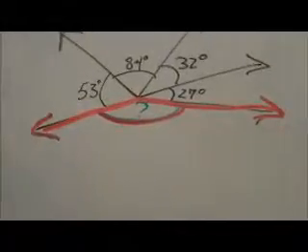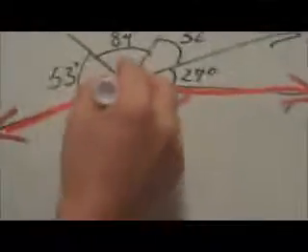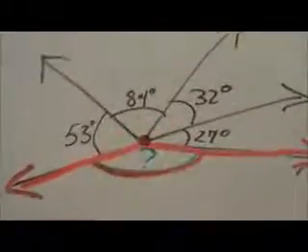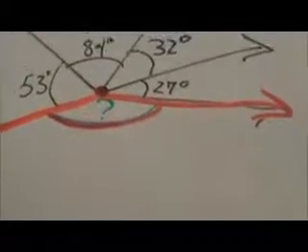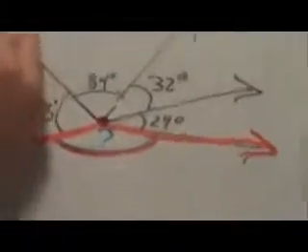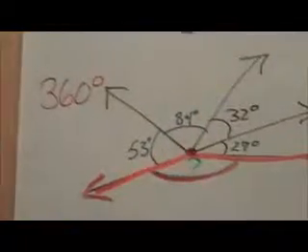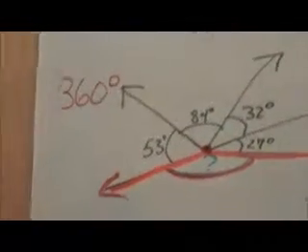Now, knowing what we've learned in class about when you've got different quadrants all revolving around our vertex in the center, you will end up having 360 degrees. So this whole thing is going to be 360 degrees because it goes all the way around.